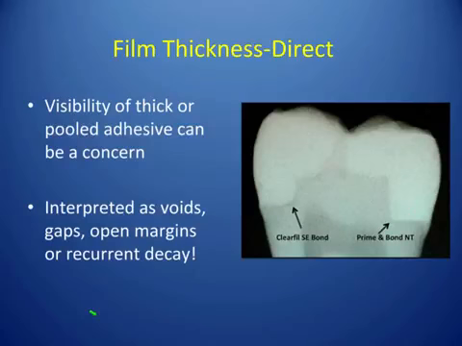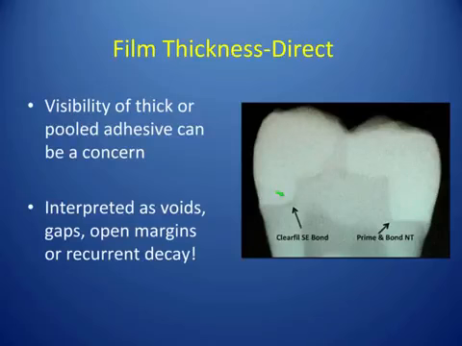Prime and Bond Elect also is noted for very low film thicknesses. This was something that our Prime and Bond line has been known for years. That can impact us specifically regarding visibility of the adhesive on a film. So for thick adhesive materials, and SureFil SDR is again one of such materials, we can have these areas that look almost like radiolucencies, which, as we know as clinicians, mean there's either a void in the restoration or potentially secondary or recurrent decay.